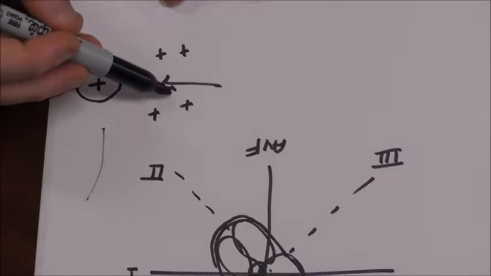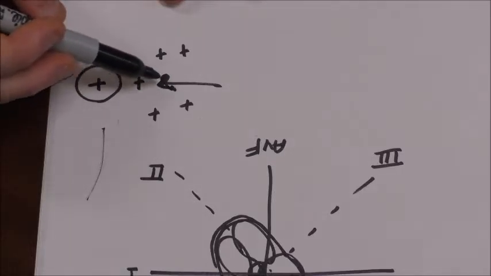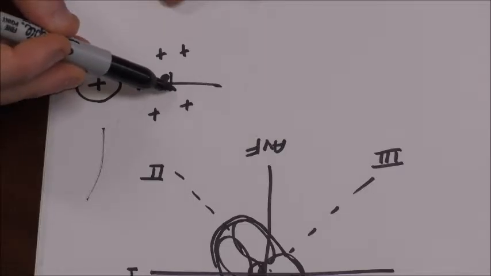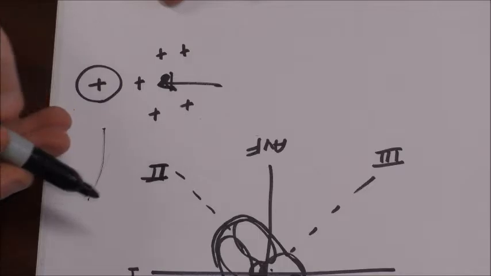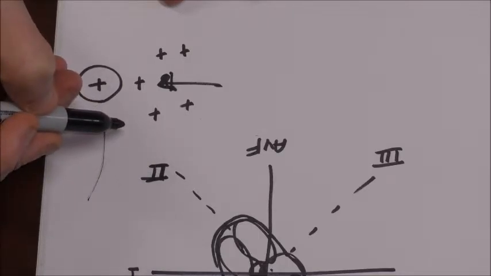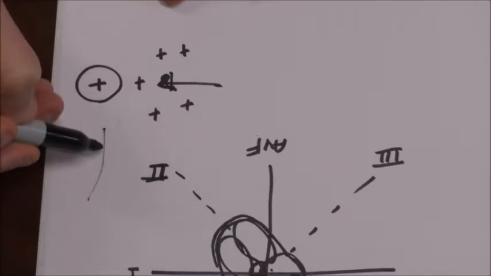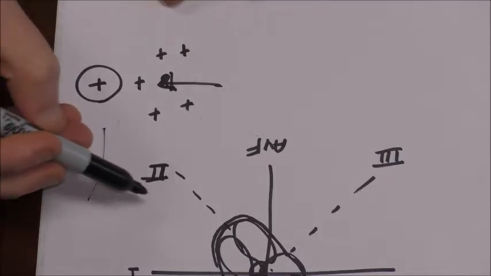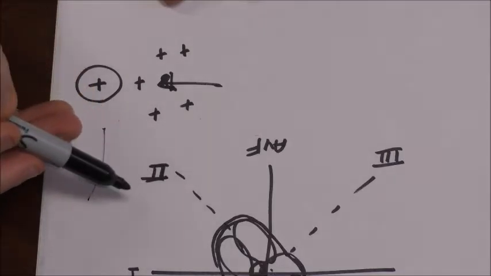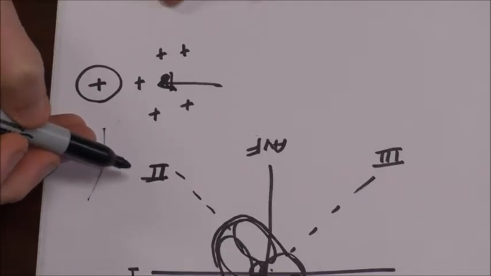So if the wave of depolarization is traveling directly at some given lead, we can arbitrarily say lead 2, then your R wave is going to be almost entirely positive, because it's actually not seeing anything else. It's only seeing it coming right towards it.